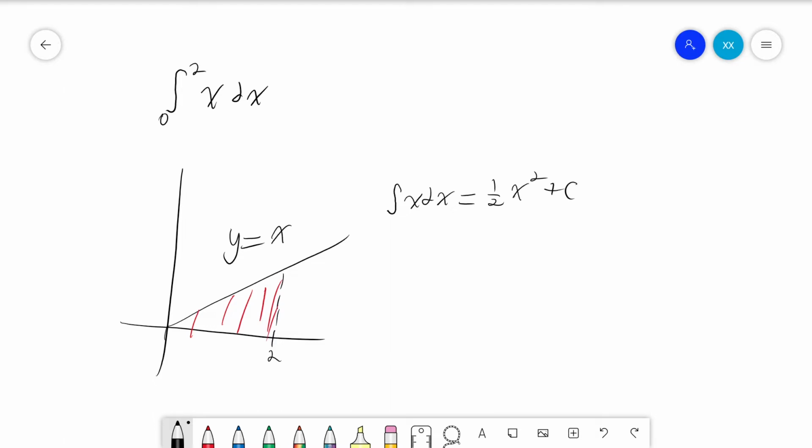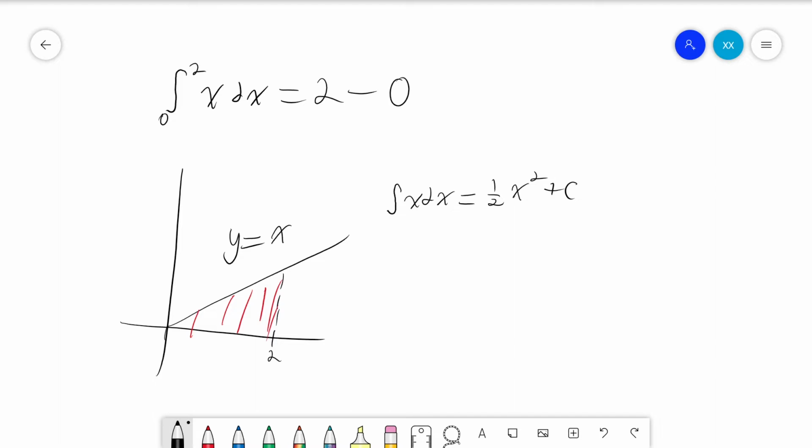Then we evaluate our antiderivative at our upper bound 2, which will be 1/2 times 2 squared, which is just 2, and then we subtract off our antiderivative evaluated at our lower bound, which would be 1/2 times 0 squared plus c, which would just be 0.